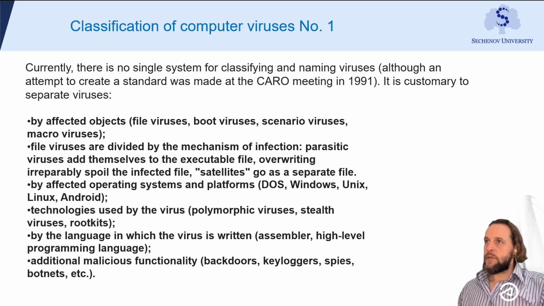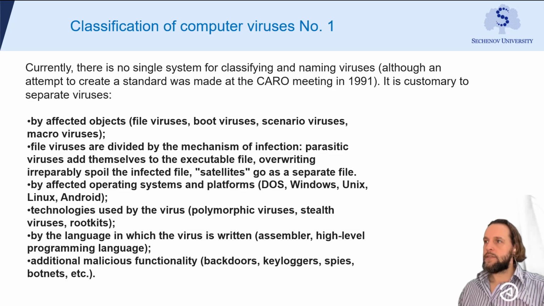Talking about classifications, there are several approaches to this. For example, it could be by affected objects: file viruses, boot viruses, scenario viruses, macro viruses, and so on. File viruses are divided by mechanism of infection.